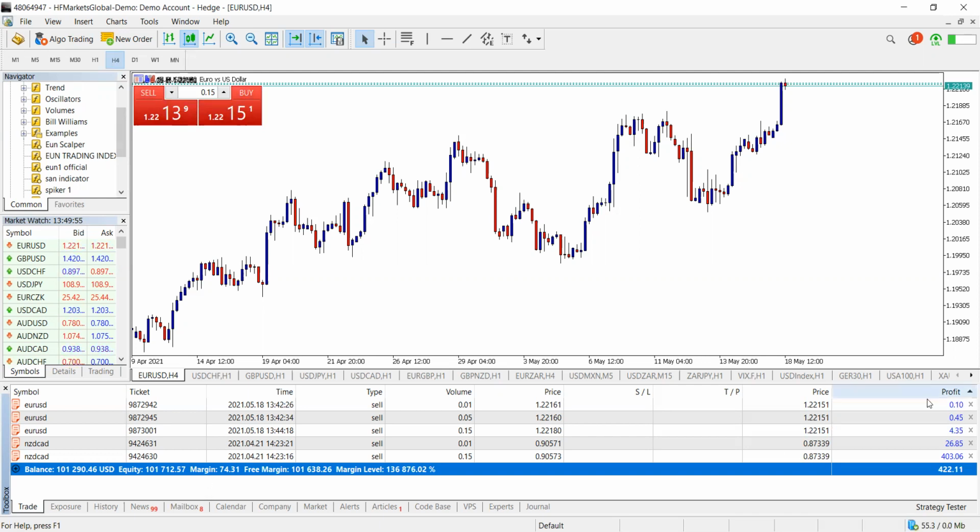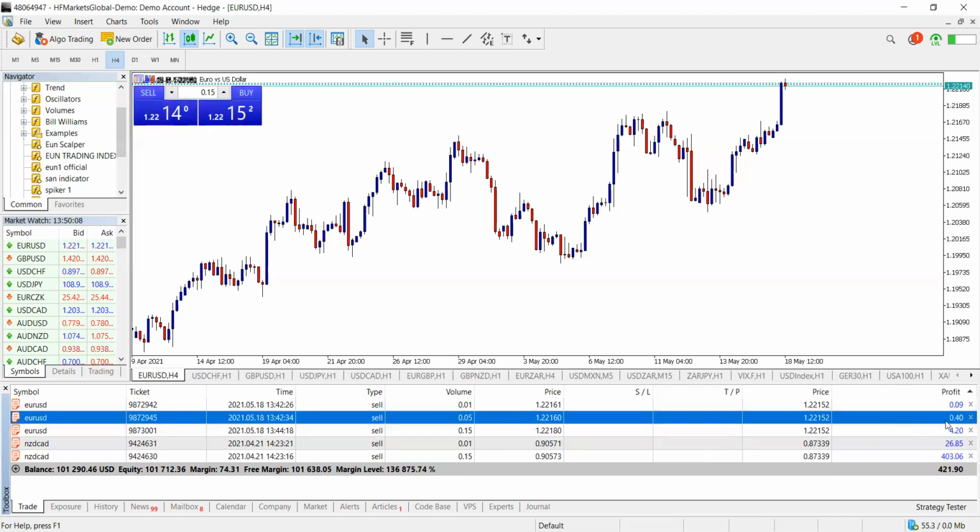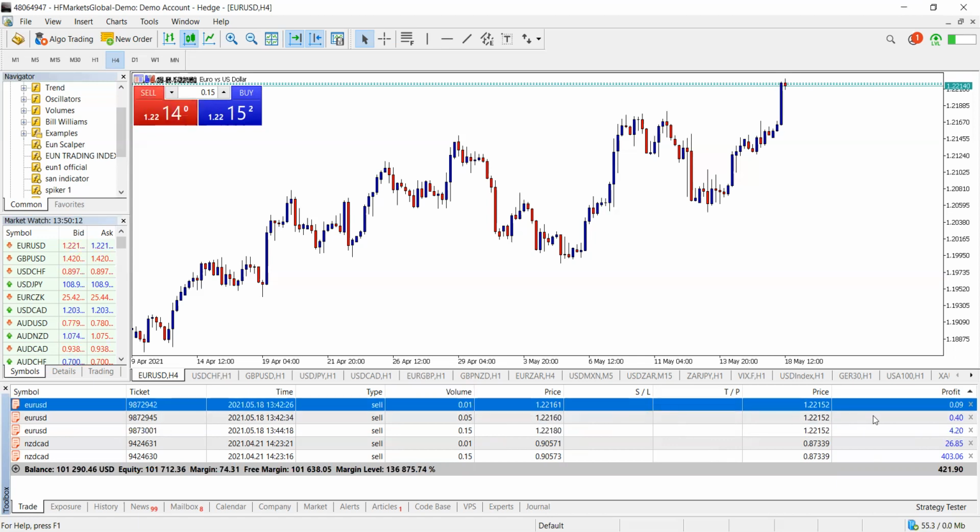Now when we come back to our trades, we took these trades at the same time, right? But you can see that the one with the bigger lot is now paying us $4.35, and the second one is paying us 40 cents. But the one with the smallest lot is paying us only 0.09 cents. That is the difference.